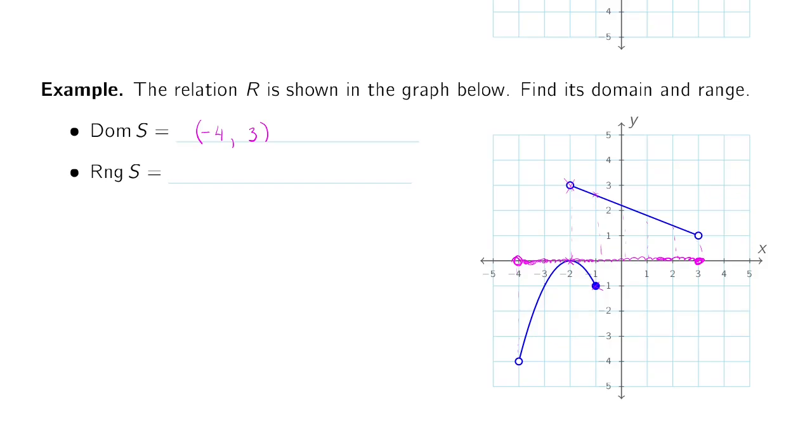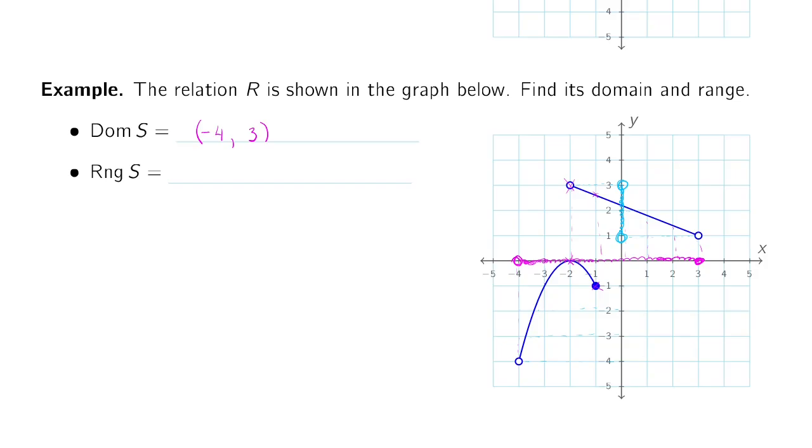Okay, what about the range? So for the range, we're going to project onto the axis like this, just pulling everything to the axis. And it looks like we've got some of the range in here. So we've got this empty dot at +3 and this empty dot at -1.